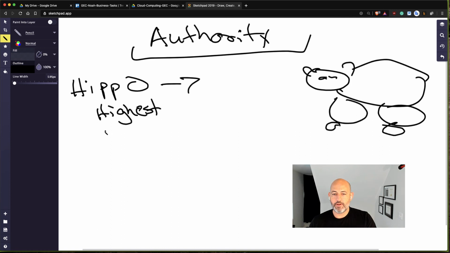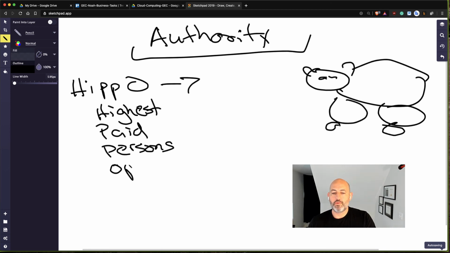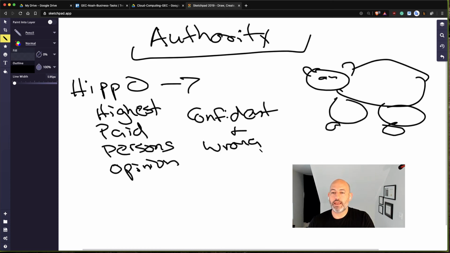And the hippo is not always right, right? So we know that again from the U.S. The president of the United States, I think, is a really good example of, even if you like him, he's very confident and often wrong, right? So the core characteristic of a hippo is confident and wrong, and this doesn't fit well with Agile.